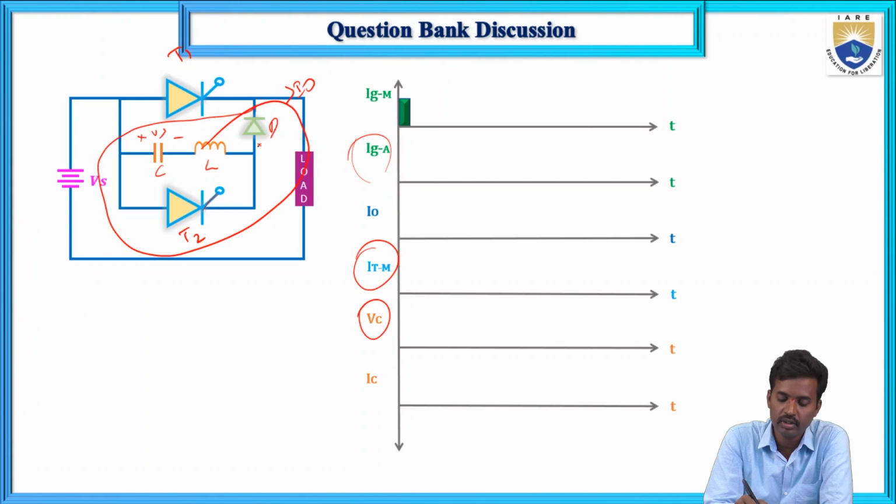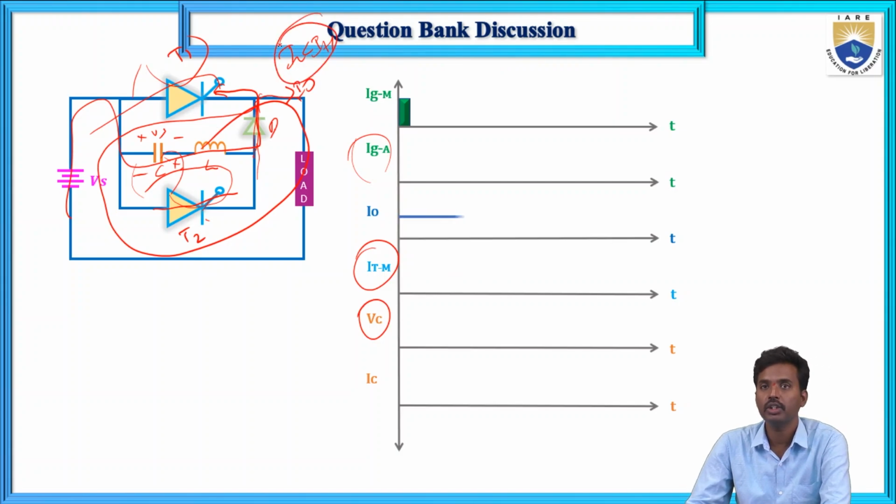Current flows in this way and charges the capacitor minus and plus, and the main thyristor will be turned off. Reverse potential is applied across the auxiliary thyristor. With this polarity, the diode is turned on and current flows through it, so it will not go the other way. It reduces the anode current of this thyristor, and when the anode current is less than the holding current, it will be turned off. So these are the waveforms.